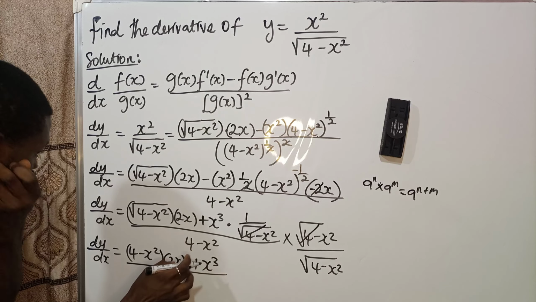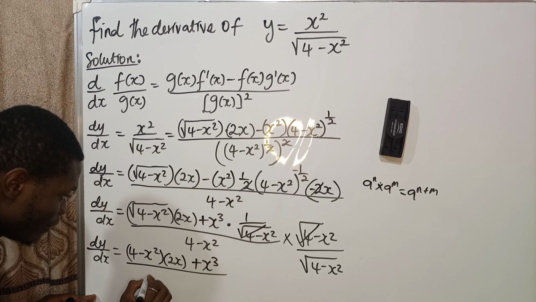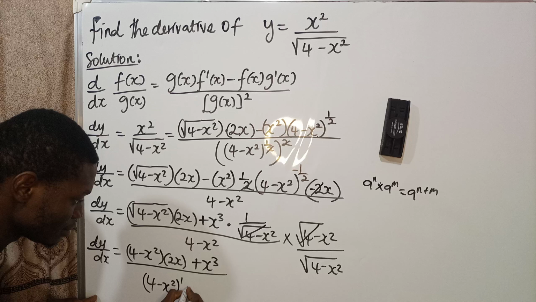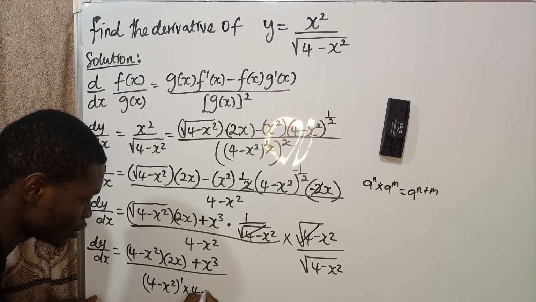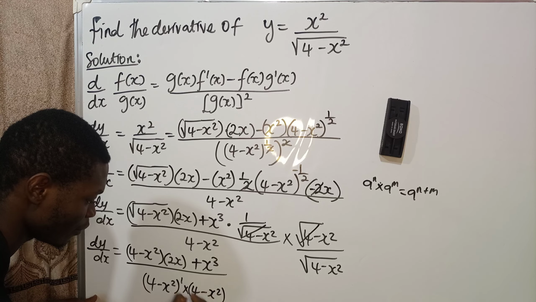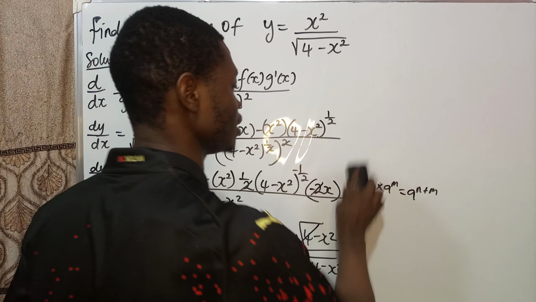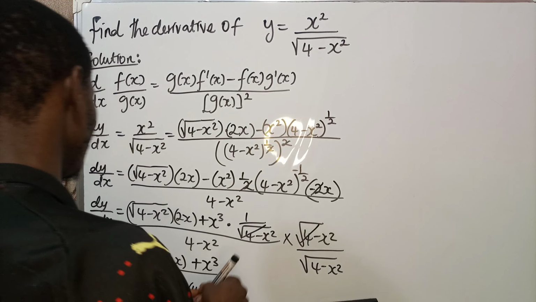We are going to use it here because the bases are the same. We have 4 minus x squared raised to the power of 1 times 4 minus x squared raised to the power of 1 over 2. You understand? Let's continue from here.